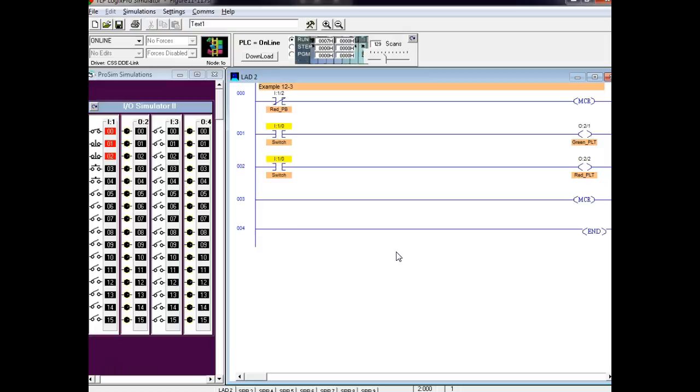This is a perfect example of when I would use an examine open, because we want it to be false when the push button is closed. See, if I come over and do this, now it's true, see?